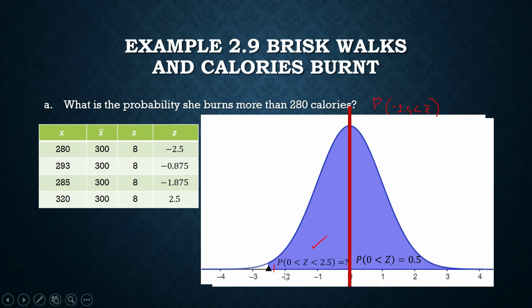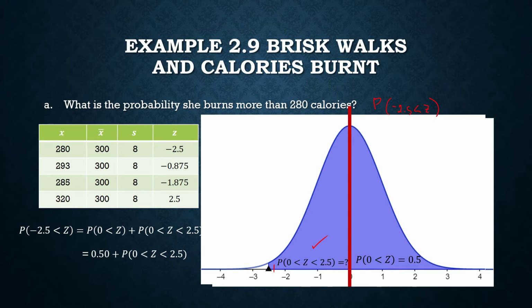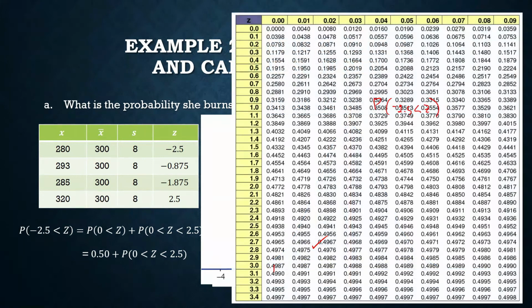The area of the region from 0 to negative 2.5 is the same as the area from 0 to positive 2.5. We get the sum of these two regions, and that is the probability we are looking for. We know this to be 0.5. Then we look for the area from 0 to 2.5, and we need our standard table for that.